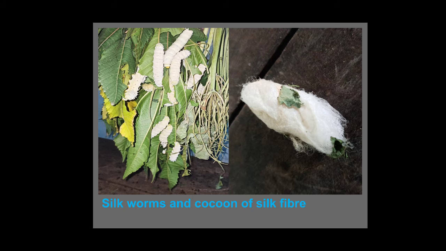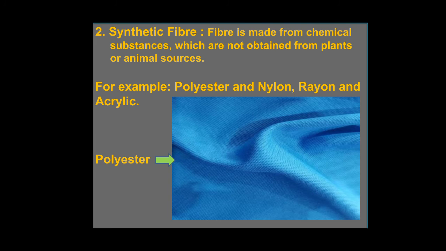Here is a silkworm and the cocoon of silk fiber. You can see silkworms feeding on leaves, and after some time they turn into this cocoon, which is totally covered by fiber. I hope you understood this.